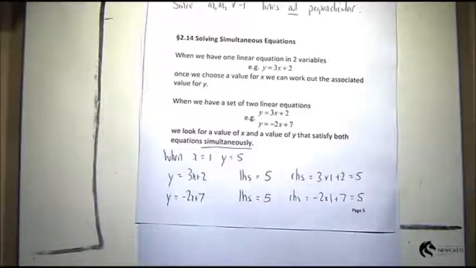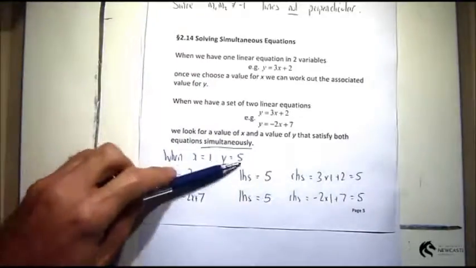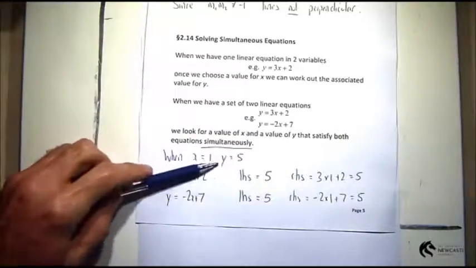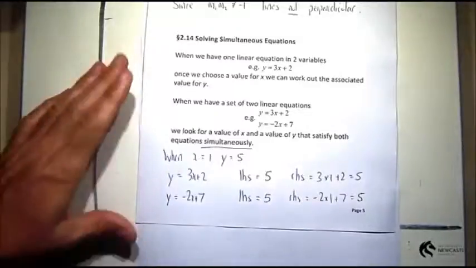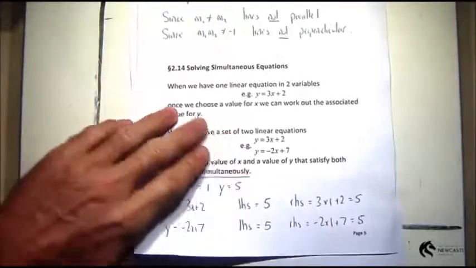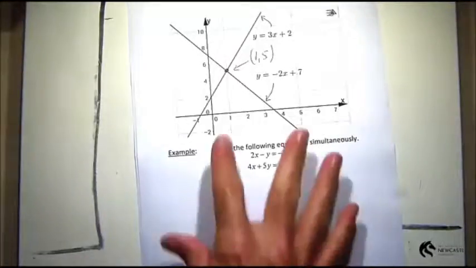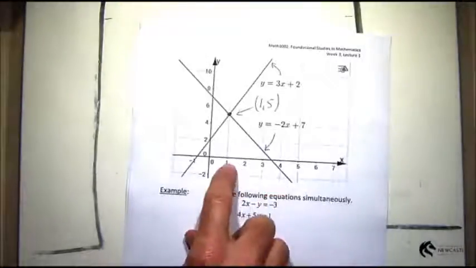So the task we're going to set ourselves is, given these equations, how do I find these two values here? How do I solve these simultaneously? I guess one thing I could do is draw the picture. Now, in this case, I drew the picture, and I could quite happily read off, or well, I guessed anyway, didn't I?